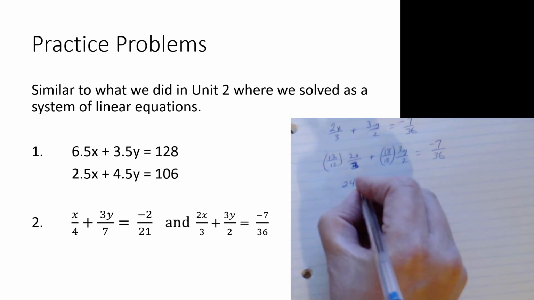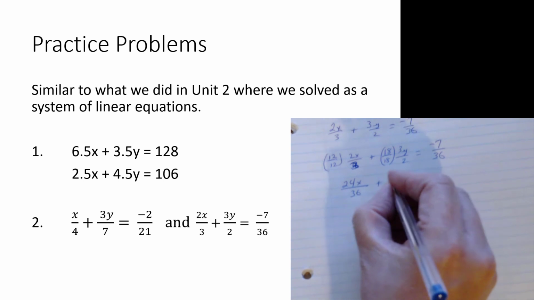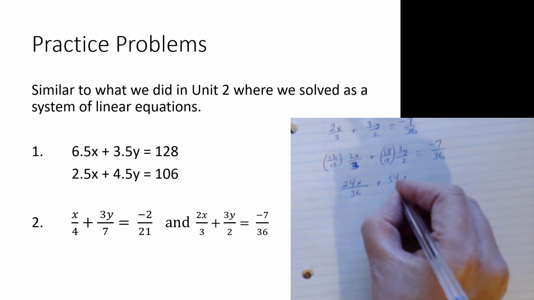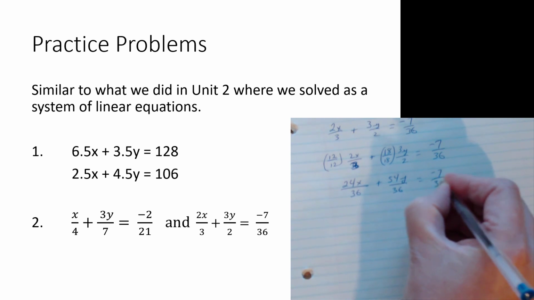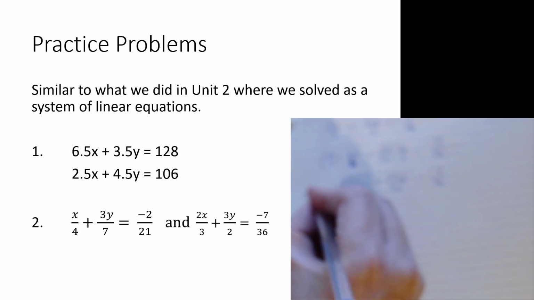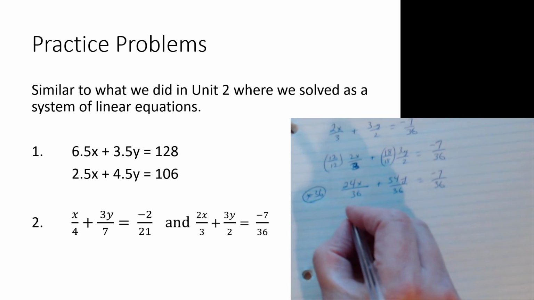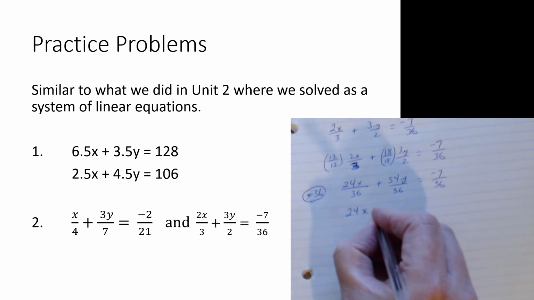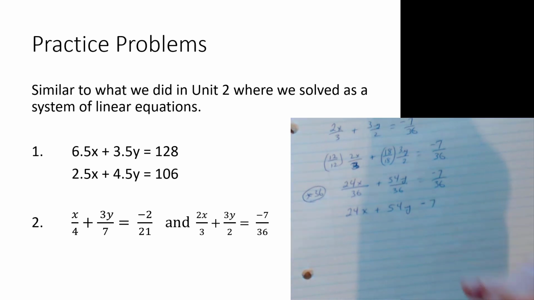So this becomes 24x over 36 plus 54y over 36 equals minus 7 over 36, right? Multiply by 36 just to get rid of the denominator. Multiply everybody by 36. And now I have 24x plus 54y equals minus 7.